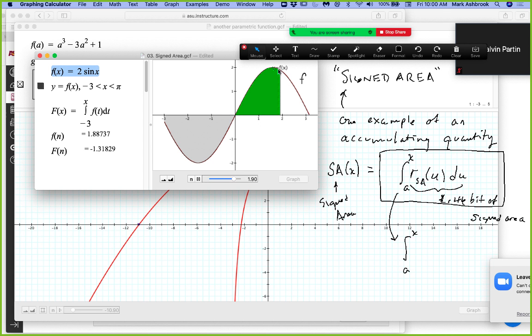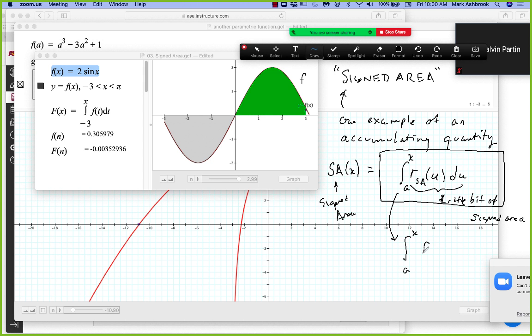Right now we're adding a lot on. Now we're adding less on because that edge is shrinking. Now we're adding even less on. So the rate of change would be f of u du, because that's the rate of change of signed area, the value of the function.